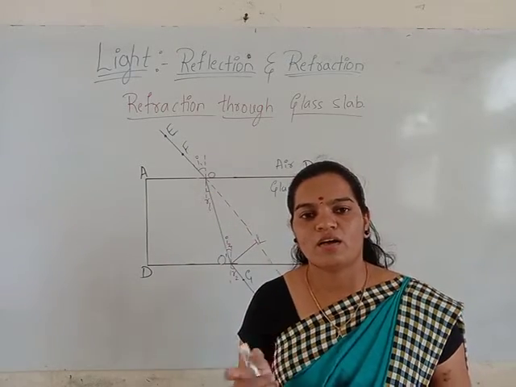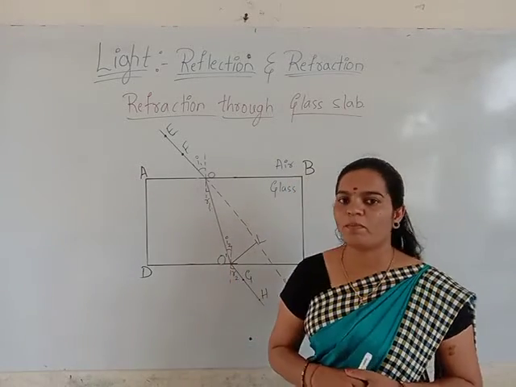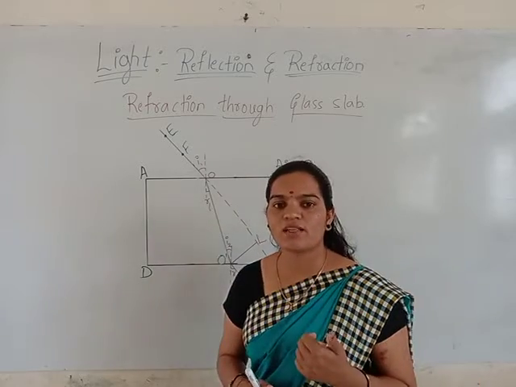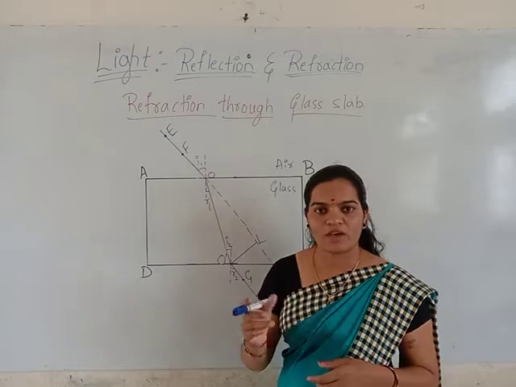In the laws of reflection also we have learned this, right? So the same thing we are supposed to apply, but instead of using the angle of reflection, here we are using the angle of refraction.